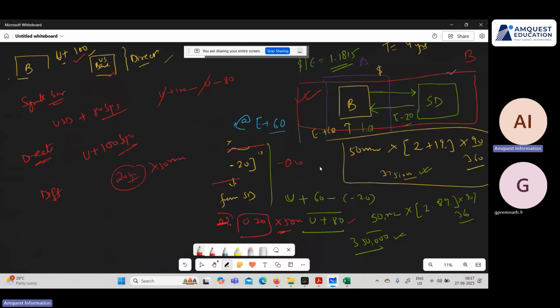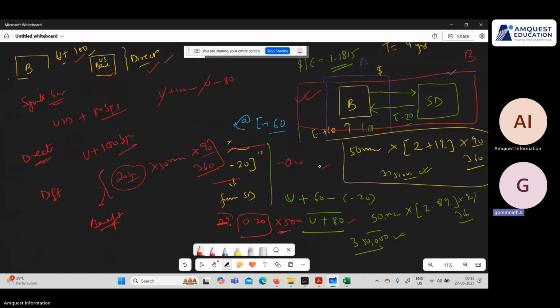Multiply 50 million, multiply 90 by 360. So when I say this part, this is just to calculate my benefit on direct versus synthetic. Does it make sense to you? Makes sense.